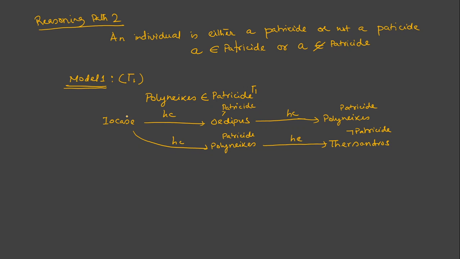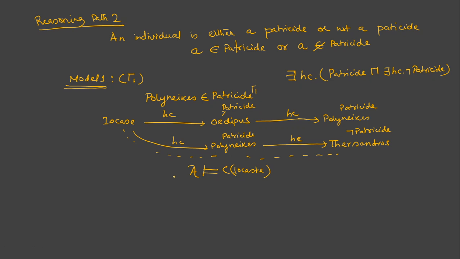So we have at least one path by which we can satisfy the concept expression, which is: there exists has-child patricide and there exists has-child not patricide. And that path is really this path, right? So we say that through this interpretation, A models C(Iocasta), right?